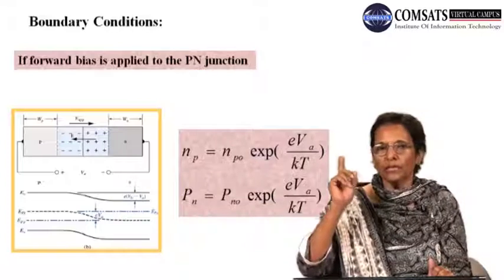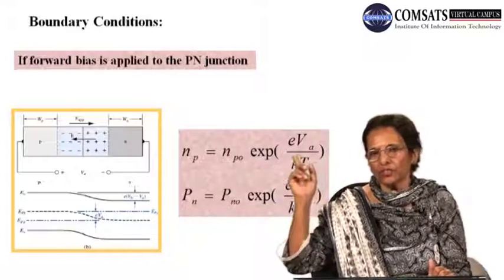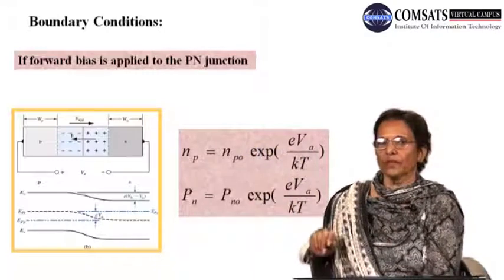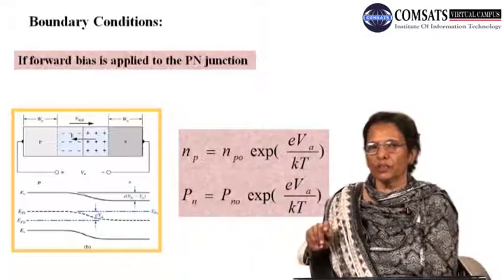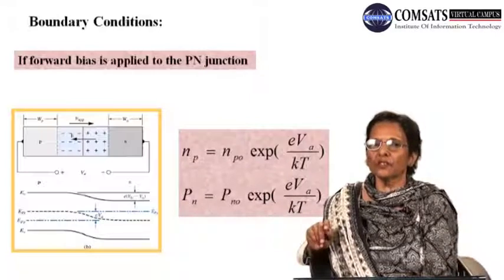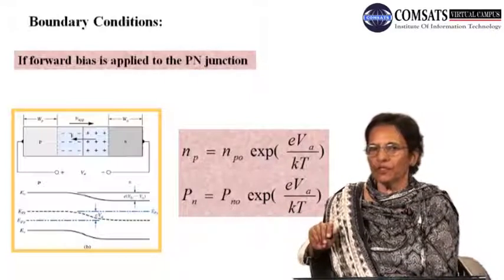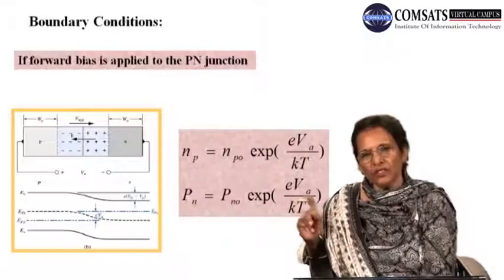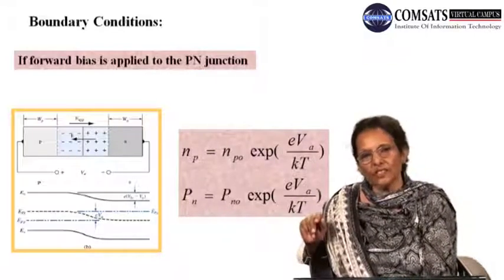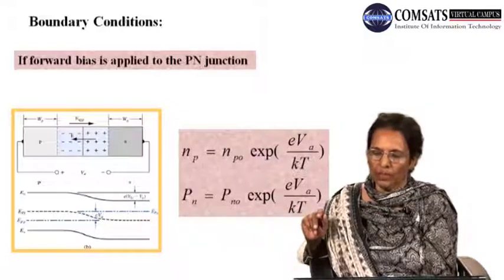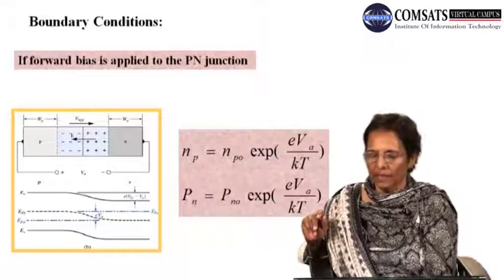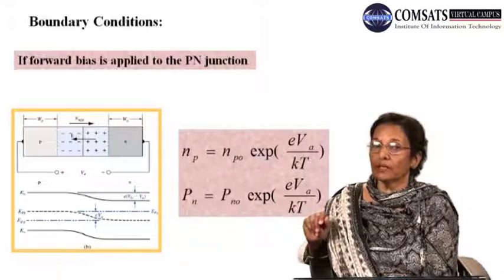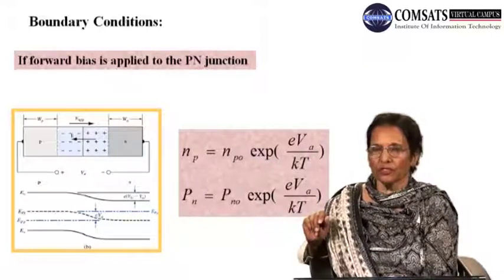So the electron concentration, as you see on the extreme right hand side of the equation in the box, the electron concentration in the P region, subscript P, increases exponentially with the applied potential V and the temperature T. And it is also dependent upon the equilibrium carrier concentration.